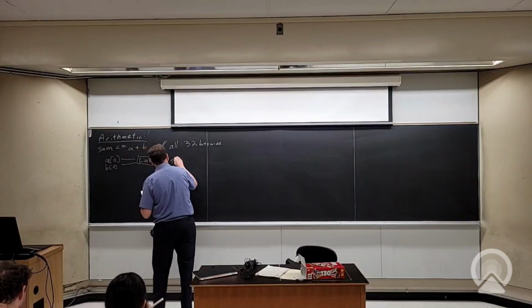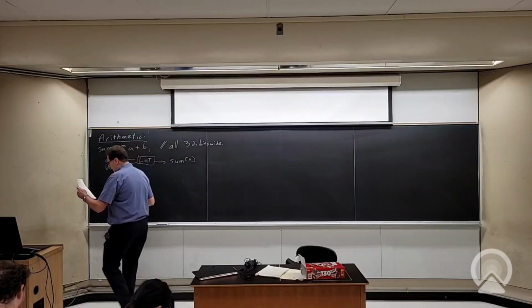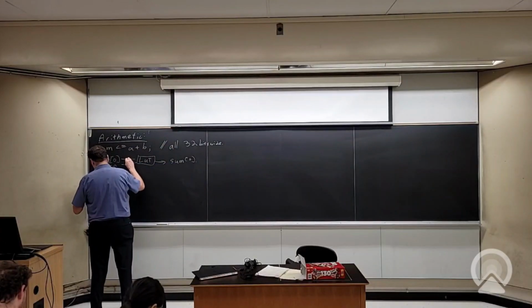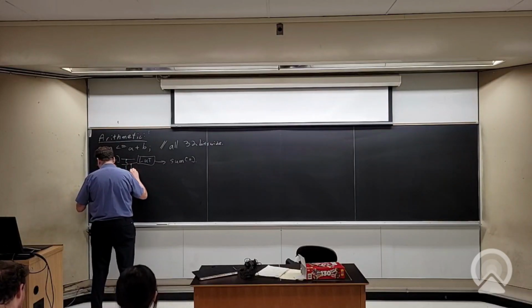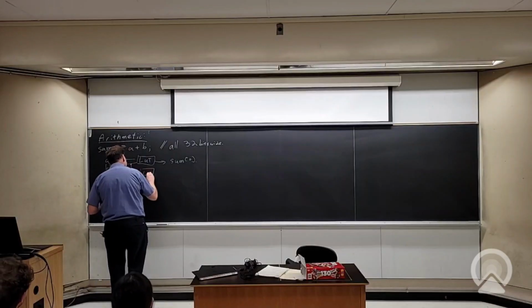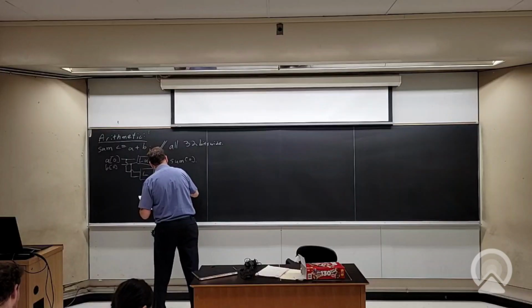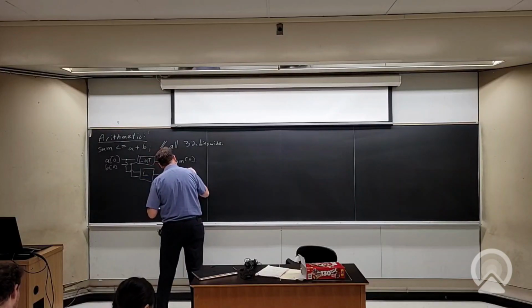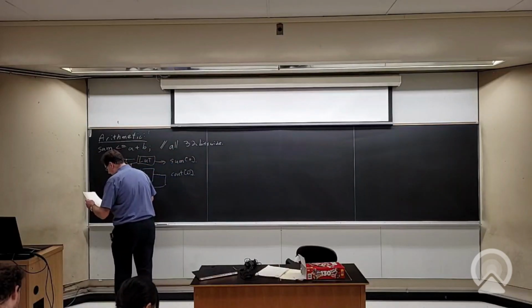Those are going to the LUT, and I can compute sum of 0. Then they go to another LUT, and they're going to compute C out of 0, which is going to go down here.